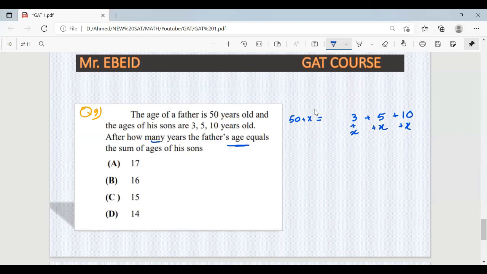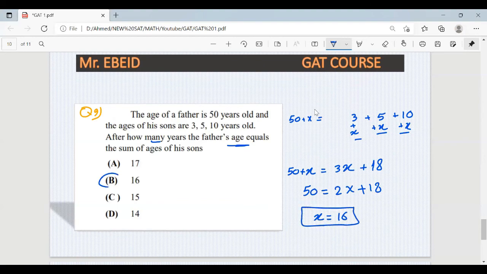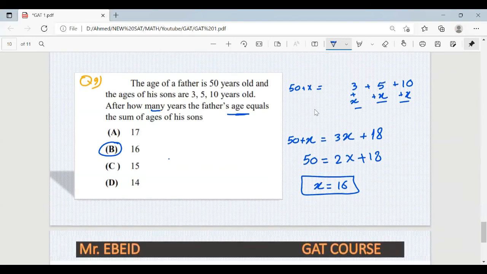So the final equation will be 50 plus x equals x plus x plus x, which equals 3x plus 3 plus 5 plus 10, which equals 18. Subtract x from both sides, so we have 50 equals 2x plus 18, so x equals 16. It's a very easy question, so the answer is B.